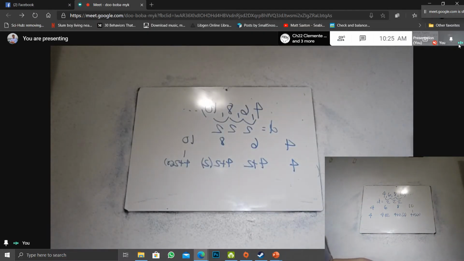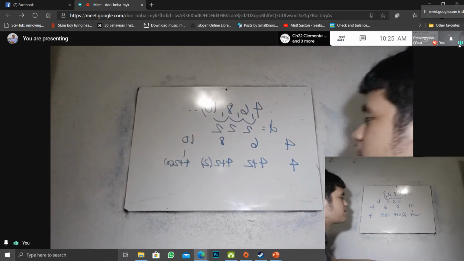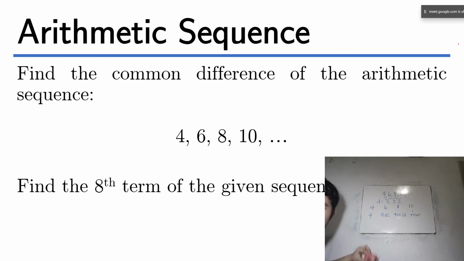Okay? Ganun siya. So, if I were to take the, ano sabi dyan, 8th term, edi mag-skip count na lang ako. Madali lang yun, no? Sige. 4, 6, 8, 10, 12, 14, 16, 18. 8th term, di ba? Or in other words, if gagawin ko yung technique ko kanina, di ba?